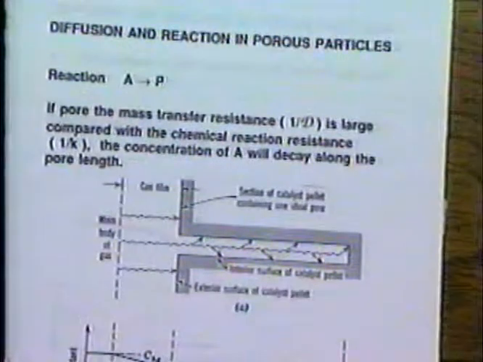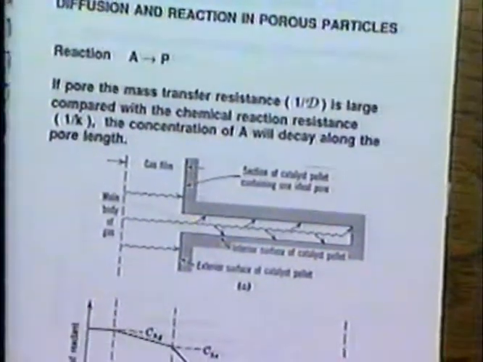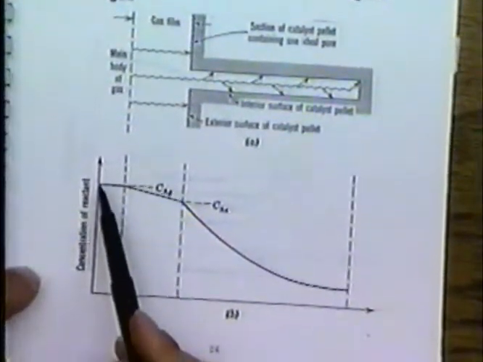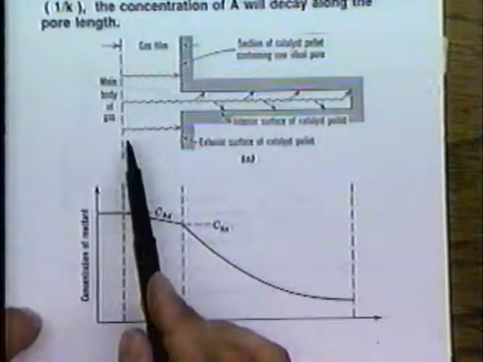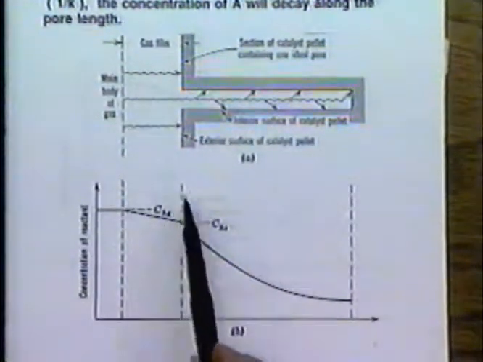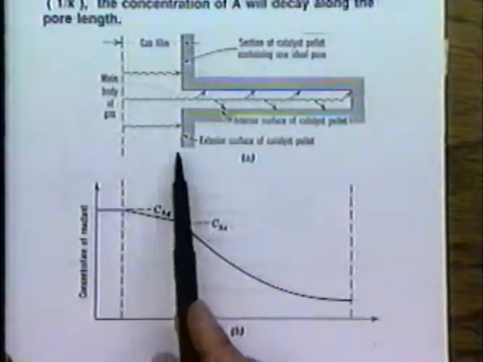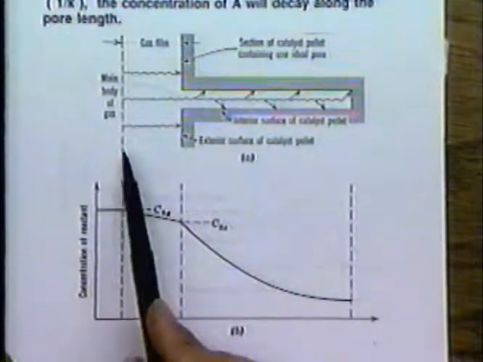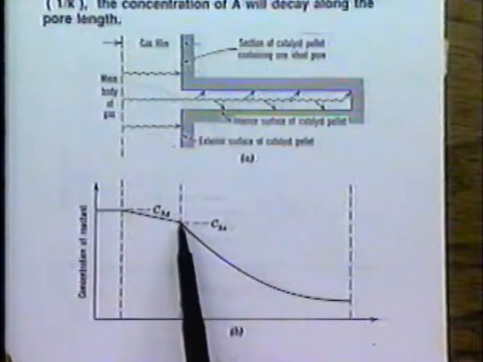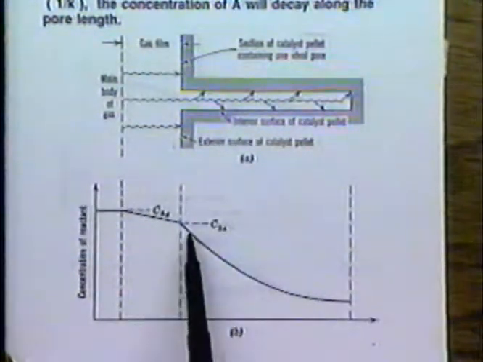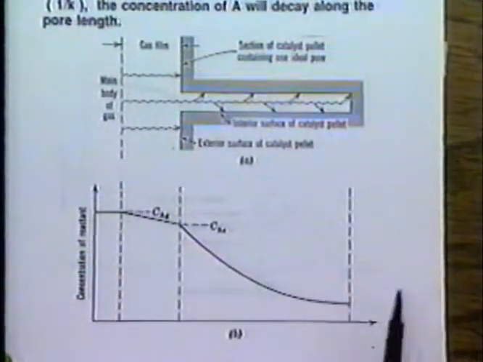If we have a concentration profile for this reaction, it will look like this. In the main body of the gas, we will have a flat concentration profile. Then the concentration or partial pressure of species A will decay along this gas film next to the surface, and then the concentration of A will decay in the pore.